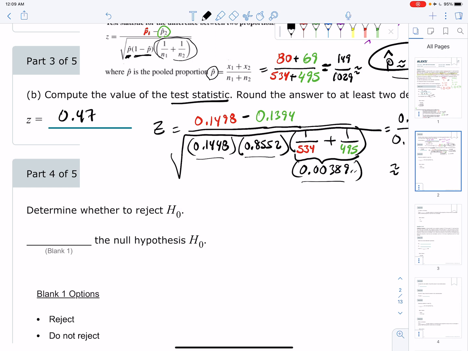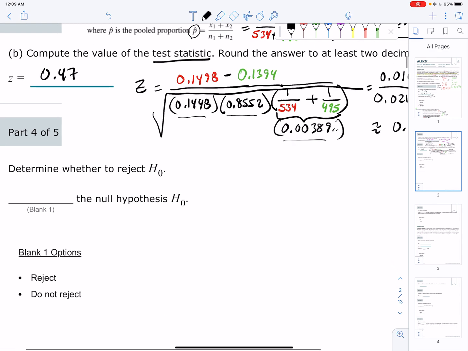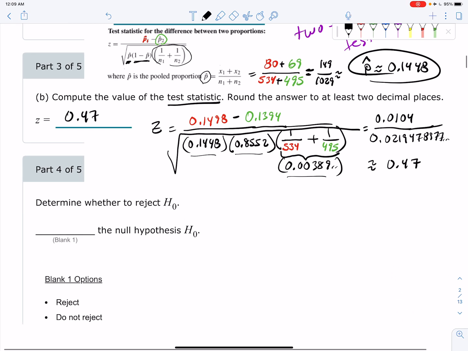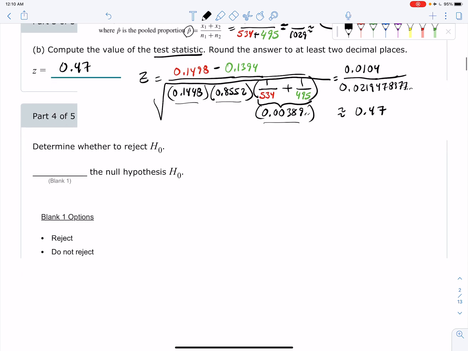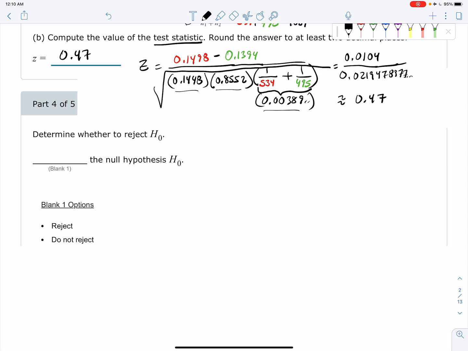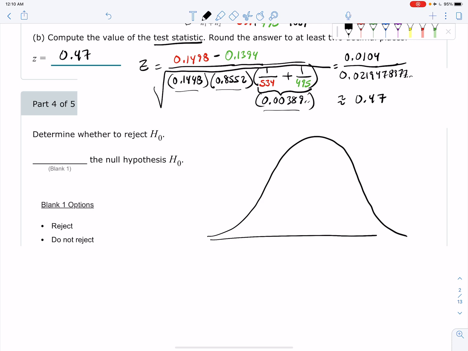So now you want to know what just happened here. Let me zoom out a little bit. Okay, what just happened? Let me draw a picture. Remember we said that this was a two-tailed test. So there's our normal distribution.